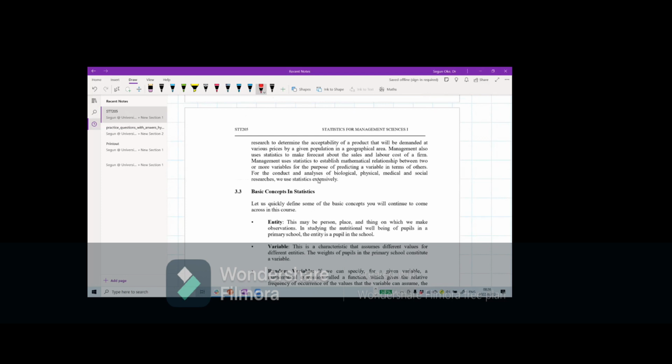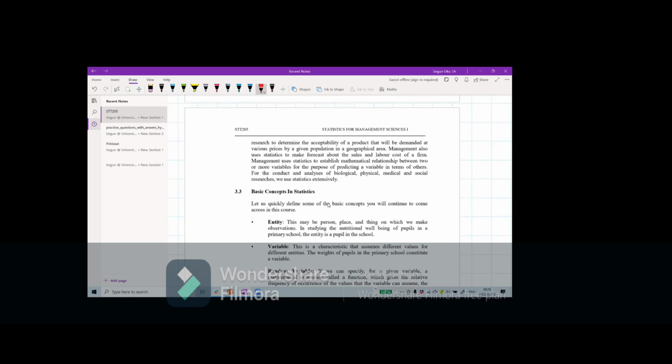So these are the concepts. What is the geographical area? What is the population of Kaduna? What is the population of Enugu? How many people do we have in Bayelsa? How many in Lagos? How many in Oyo? Statistics helps us to be able to do that.